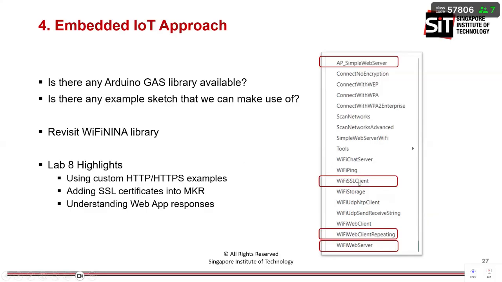SSL client is meant to be made use of to connect to Google. Because Google server is very stringent, it does not allow insecure connection. Therefore, the only app that allows you to connect to Google has to be this Wi-Fi SSL client.